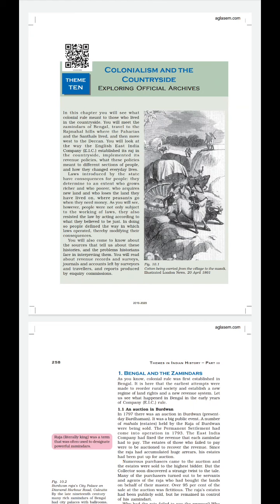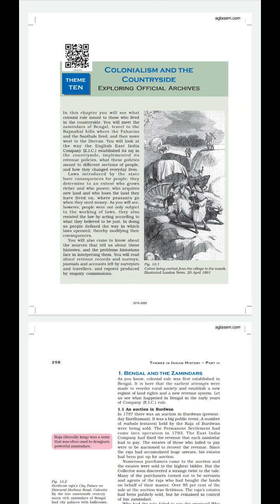The second point we will discuss is the hoe and the plough, and under this the subtopics covered are in the hills of Rajmahal, the Santhals as pioneer settlers, and the accounts of Buchanan. Clear? So these are the topics we will cover in this chapter. Now let's start our chapter, colonialism and the countryside.